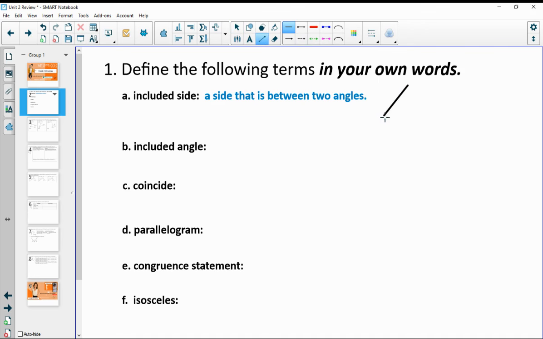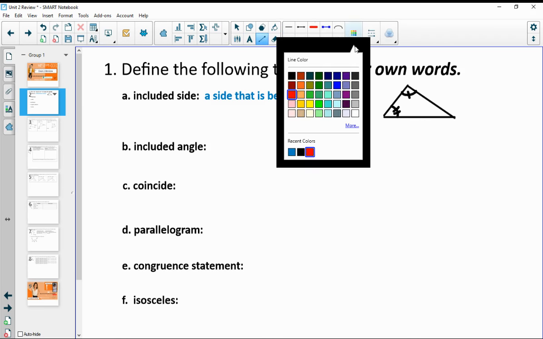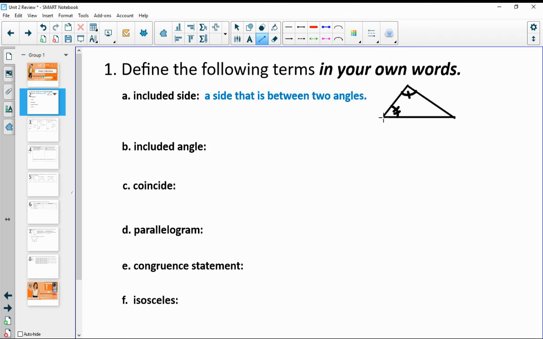If we have a triangle with two angles marked on it, maybe this angle and this angle, then the included side is the side that's between those two angles, or the side that connects those two angles. So this would be our included side.